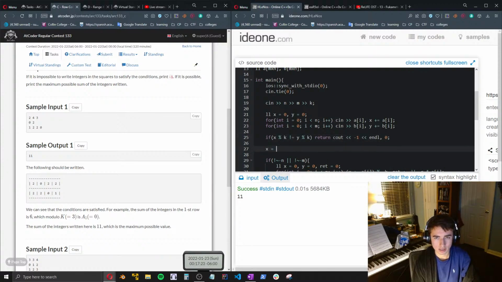Otherwise we do x is equal to, we need to do, how much would we need to subtract to get that out? Do k times k minus 1 times n times x, y is equal to k minus 1 times n minus y.